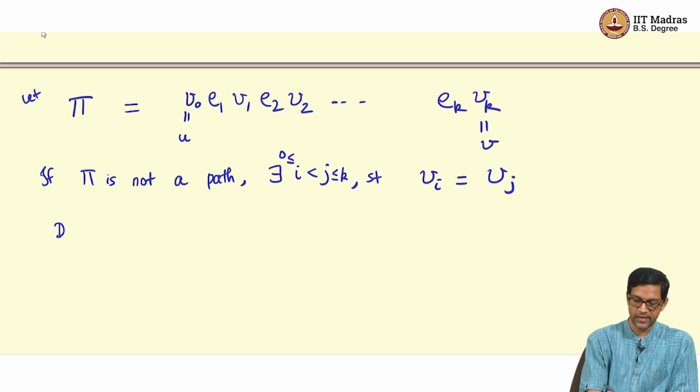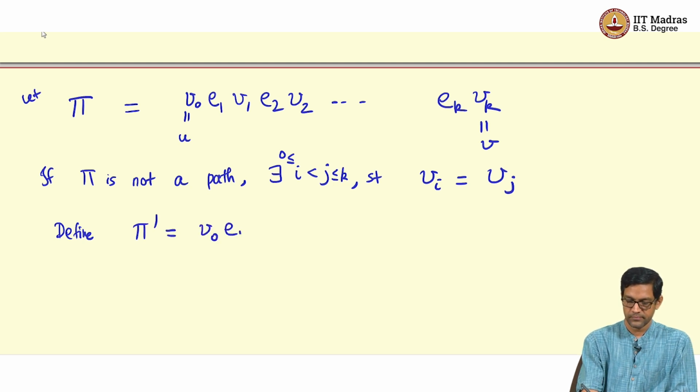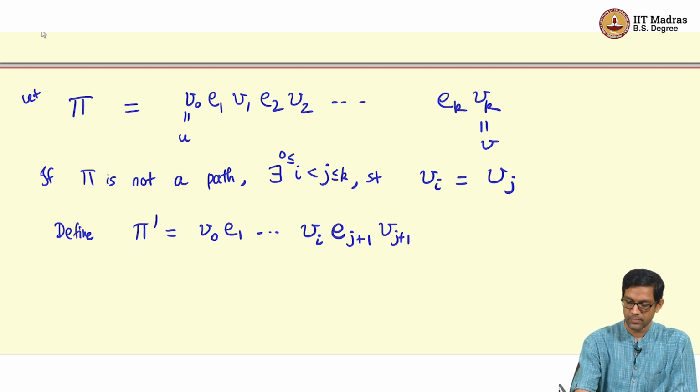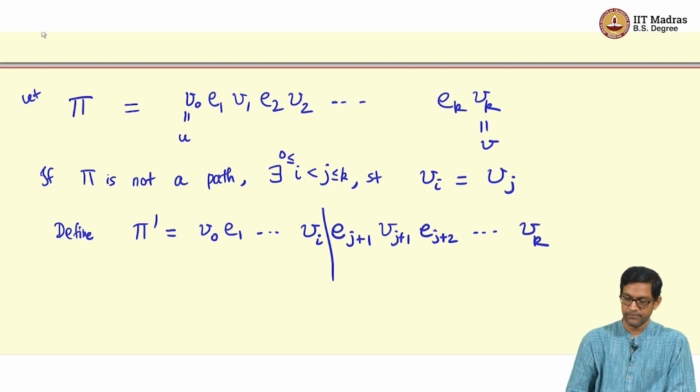Now, let us define pi prime as follows. Take the same as pi until you reach Vi, okay. But then from Vi to Vj is the wasteful part of the path. From that point on, we will just go along Ej plus 1, Ej plus 2 and so on till we reach Vk. So, this is the path that I have cut and stuck back. Okay.